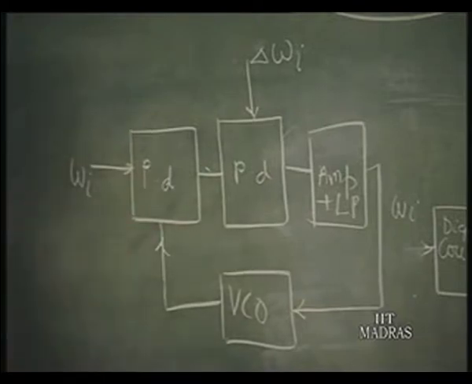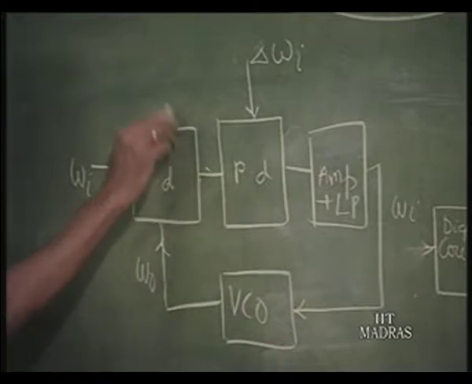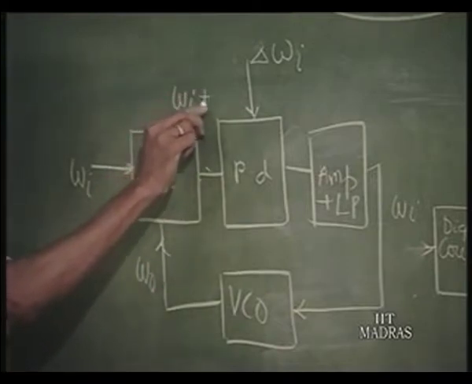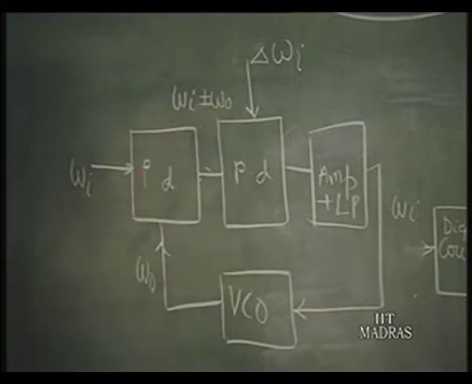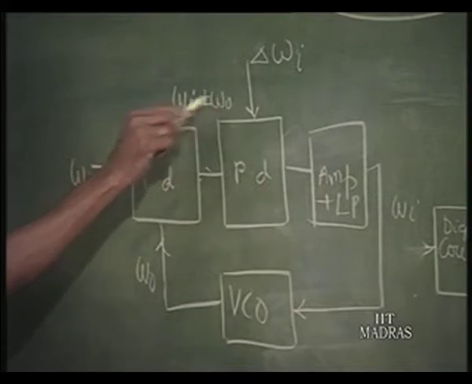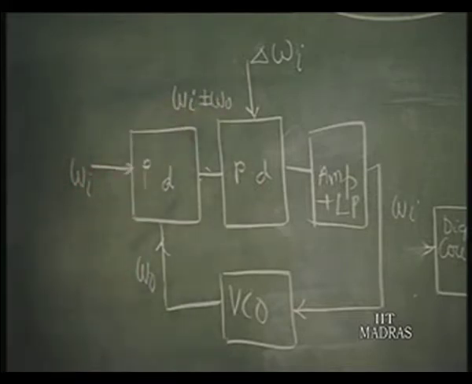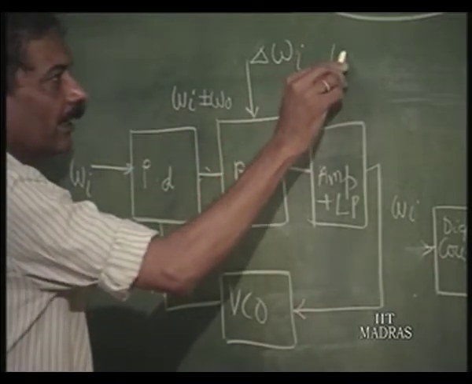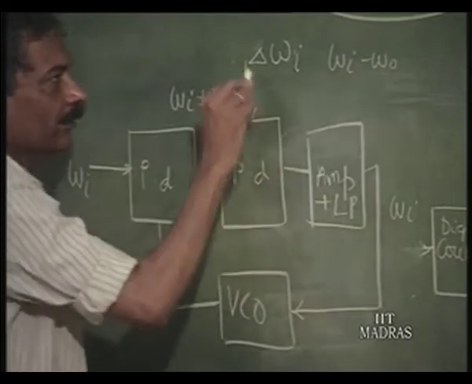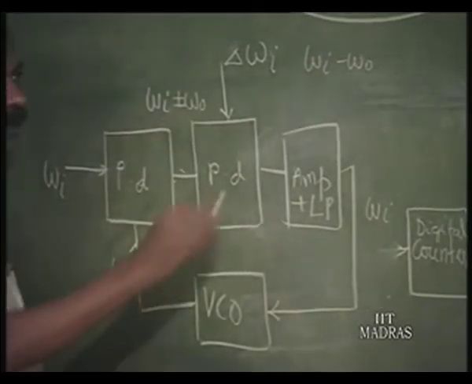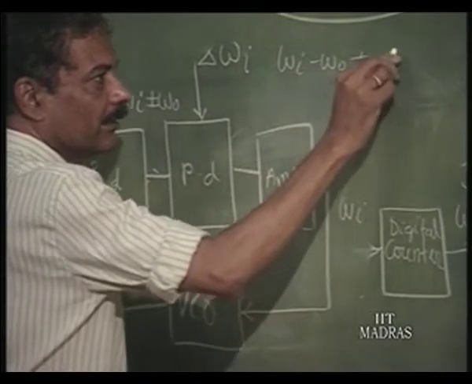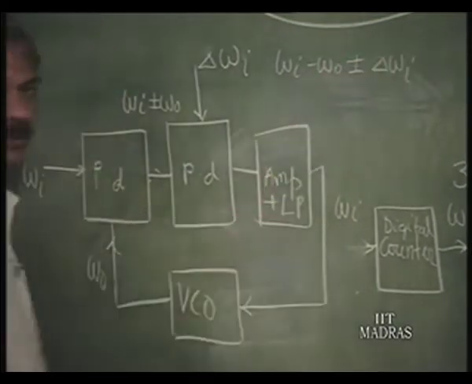Let us see. If this is omega I and this is omega naught, we know that output here is omega I plus or minus omega naught, out of which omega I plus omega naught is a high frequency and omega I minus omega naught is a low frequency, and therefore, this is going to respond to omega I minus omega naught and another input is delta omega I. So, that will be plus or minus delta omega I. Both components will be there.